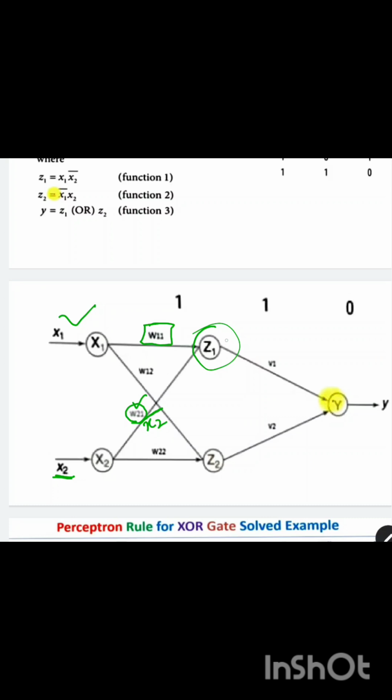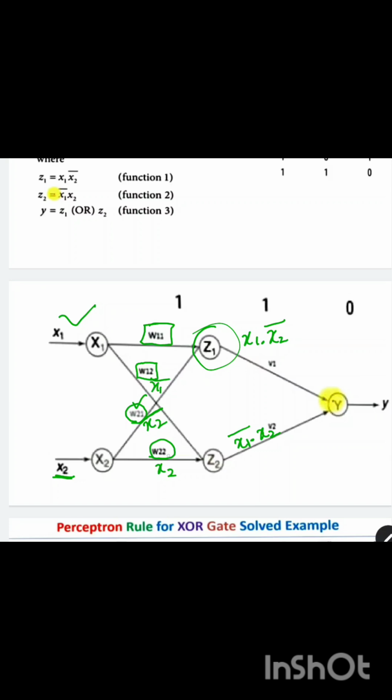Alright, so this will be z1. So z1 is what? x1 into x2 bar. And what is z2? z2 is x1 bar into x2. So now what are the weights associated with x1 bar? So this is the weight associated with x1 bar, and this is the weight associated with x2.